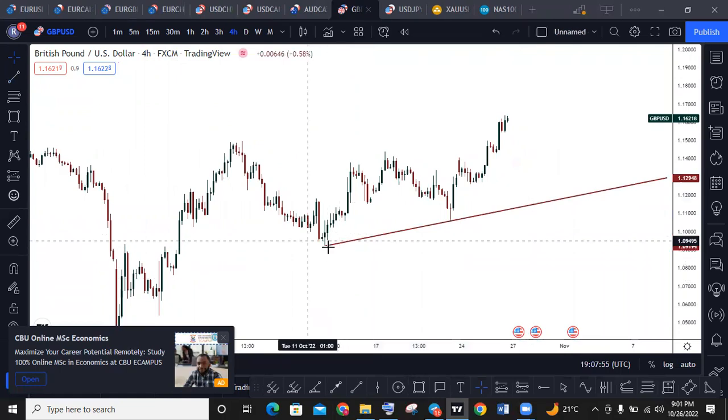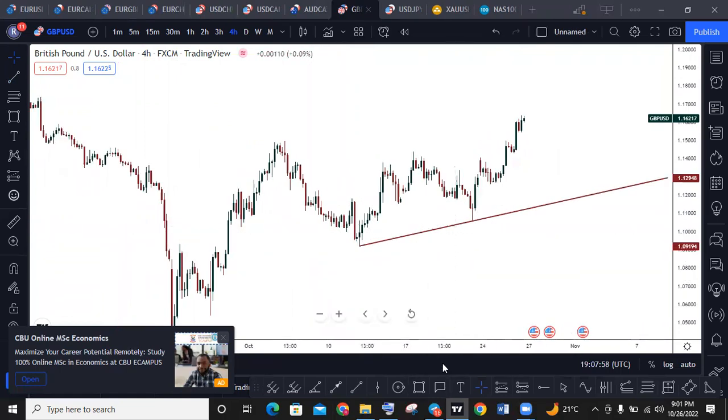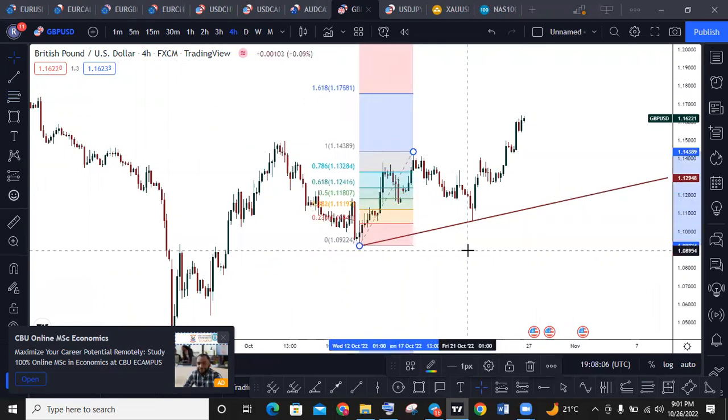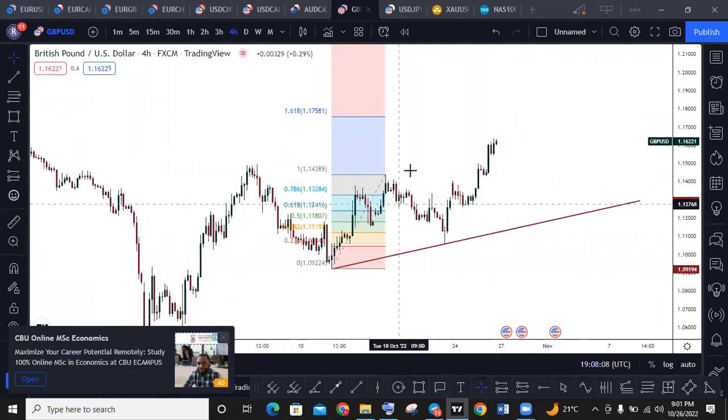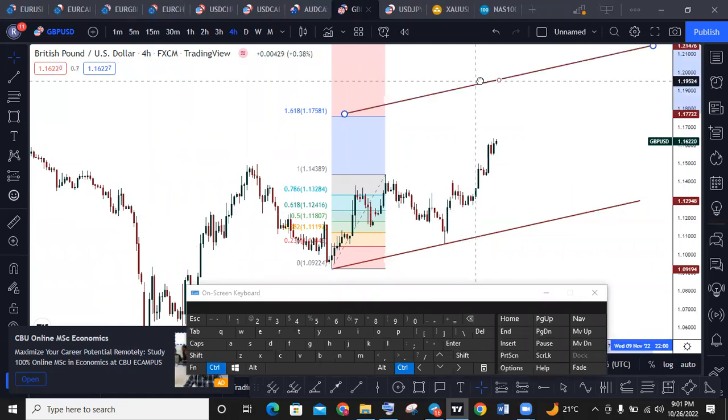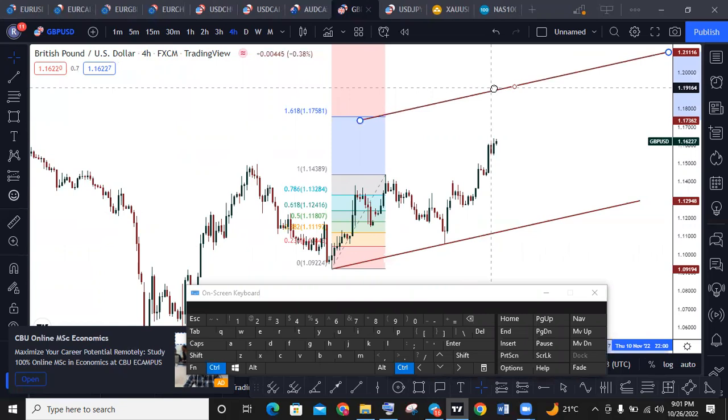So once I join this low here and this low here, what next am I going to do? I'm going to grab my Fibonacci retracement once more. So once I extend it to this high, I'm going to copy it like the way I did. Then I'm going to insert this level at 1.618.